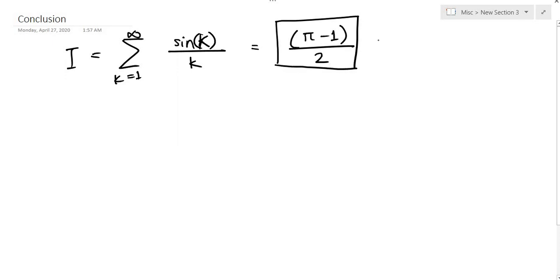And if you want an approximation, I'll give it to you. This is about 1.0707.